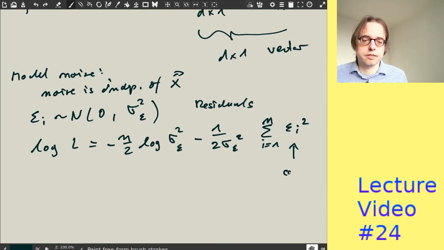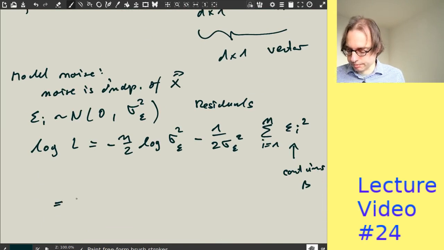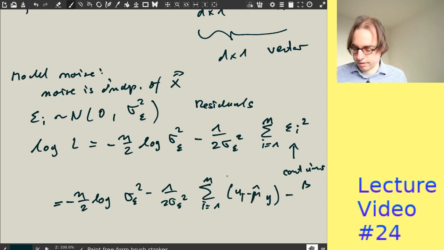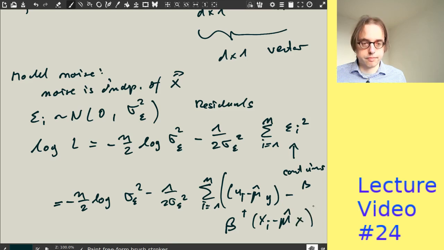This contains beta, so this becomes minus n half log sigma epsilon minus 1 over 2 sigma epsilon squared, and then we have the sum i from 1 to n of yi minus mu hat y minus beta transpose xi minus mu hat x, squared.